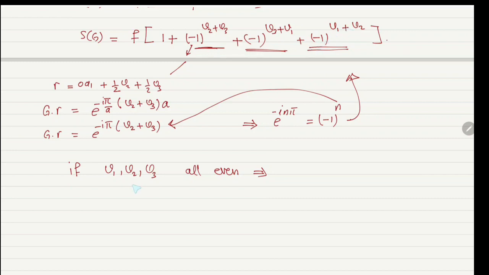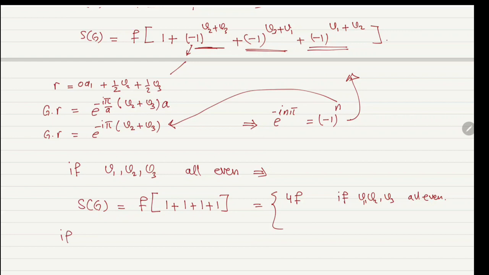In this case, the structure factor is equal to f times 1 plus 1 plus 1 plus 1. Or in other words, it's equal to 4f if V1, V2, V3 all even.